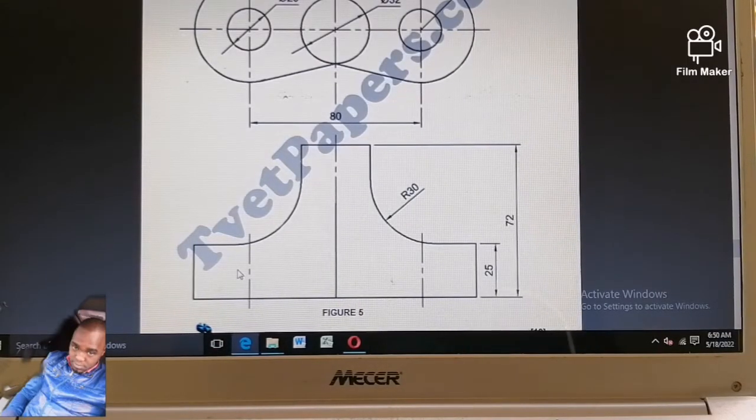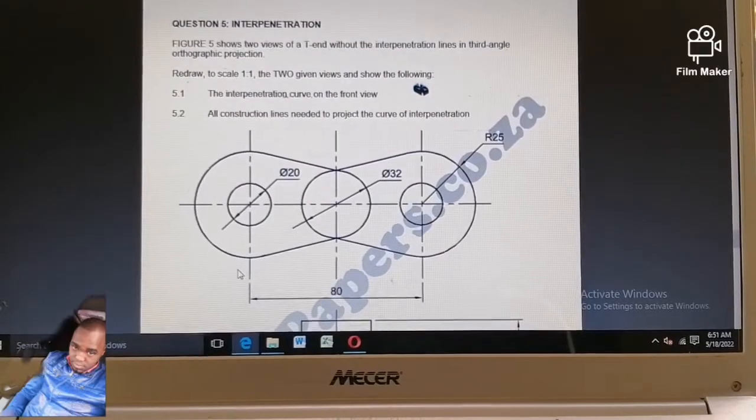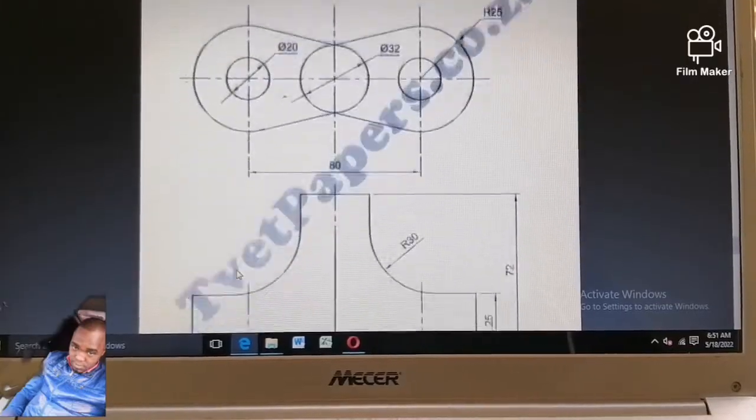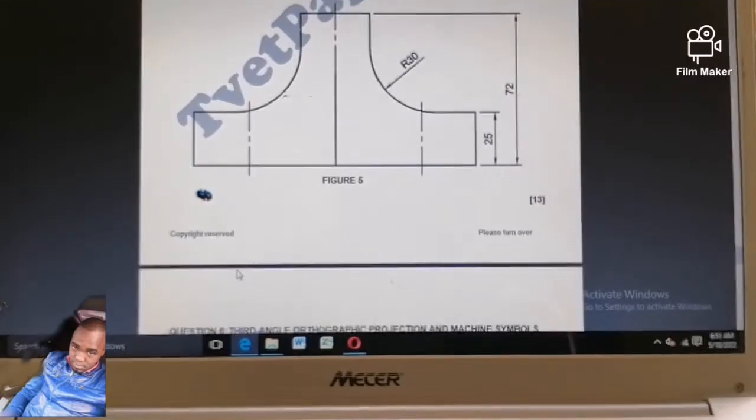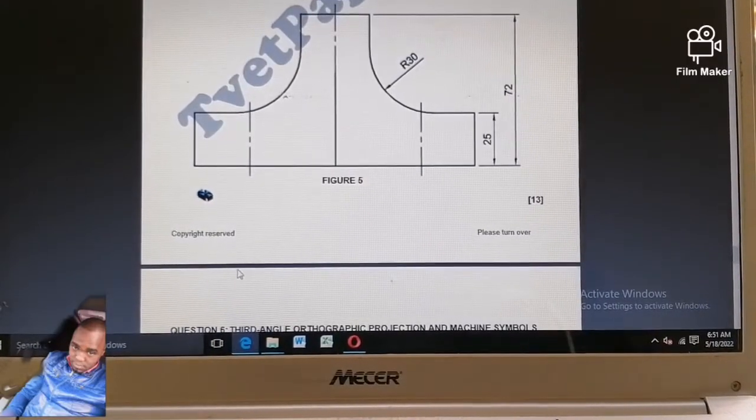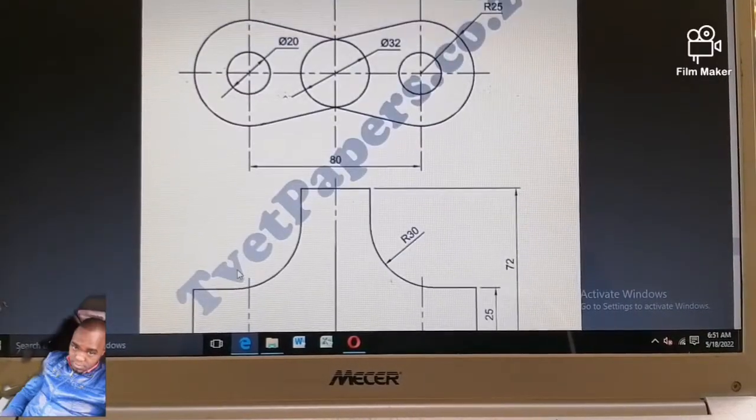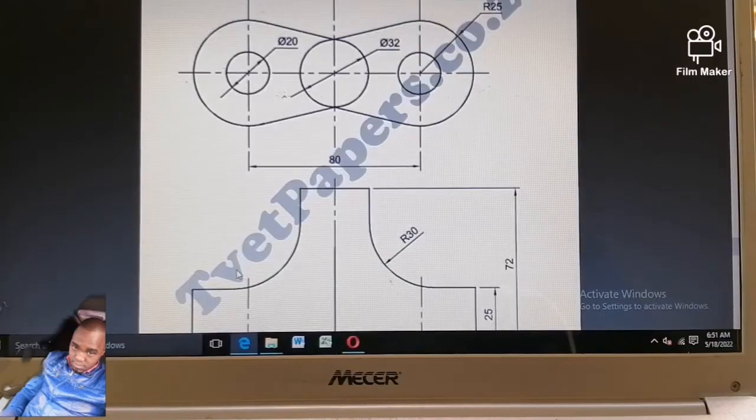They just ask us to draw the line of penetration curve on the front view, with all the constructional lines needed to project the curve of interpenetration. This was paying 13 marks, so this was simple. You can get 13 out of 13. You'd be advised to draw the top view. So let's start.